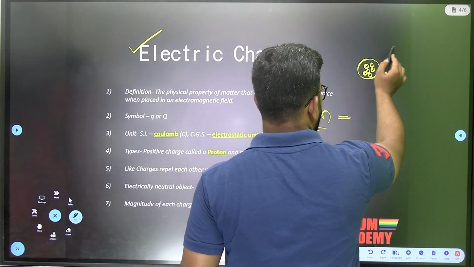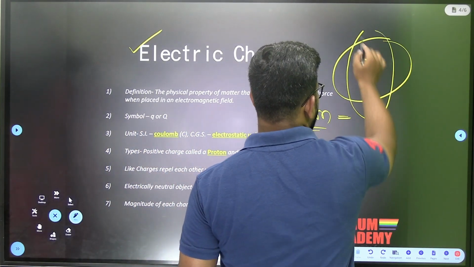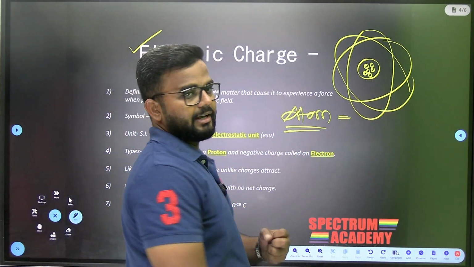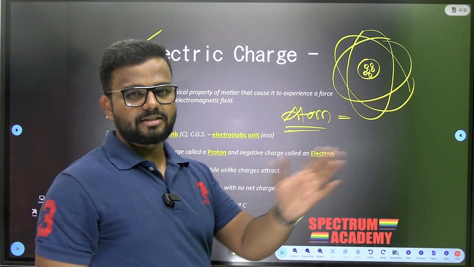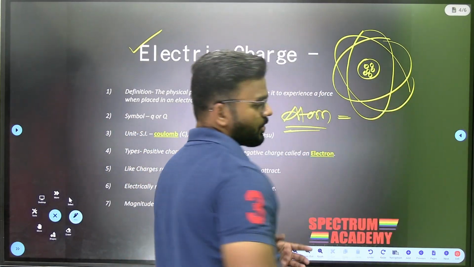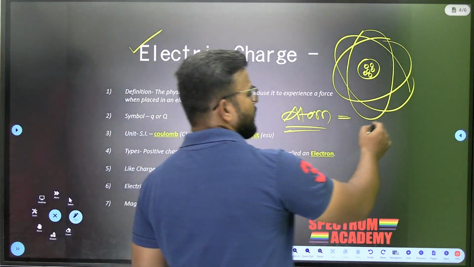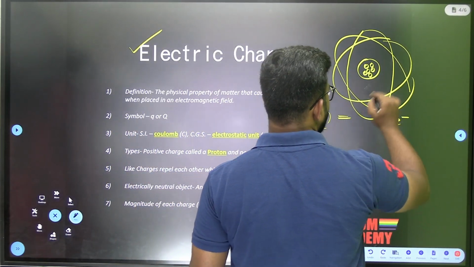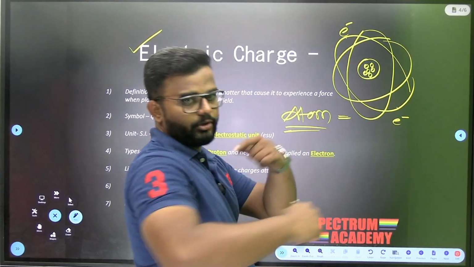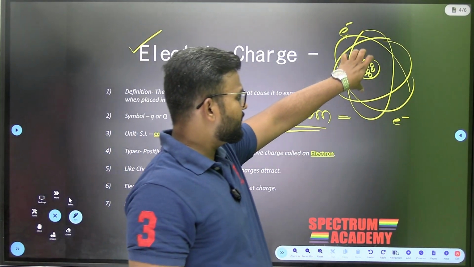And around this nucleus you'll see such spherical orbits, not exactly spherical, or else, in some cases they are spherical. So these spherical orbits we call shells, and in these shells you'll see various revolving electrons which keep on rotating around this nucleus.